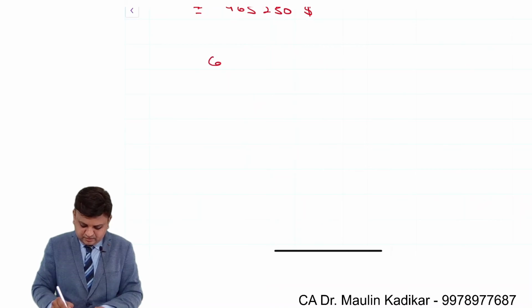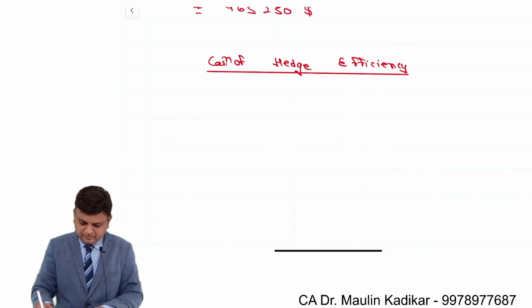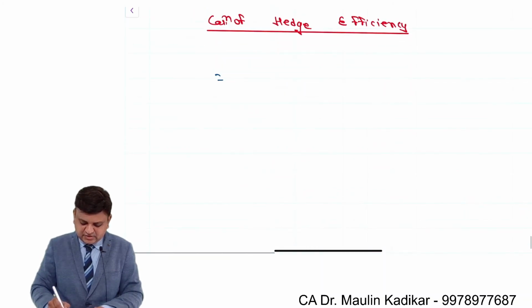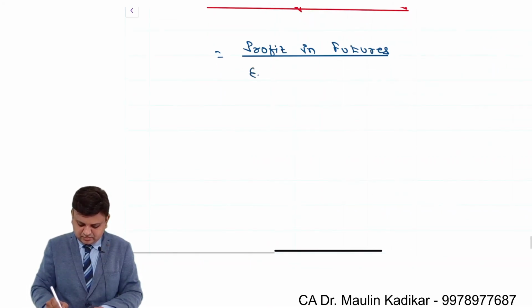Now, calculation of hedge efficiency. Let us understand how to make the calculation of hedge efficiency. It is profit in futures divided by expected loss, into 100.